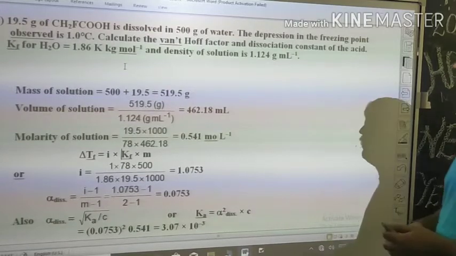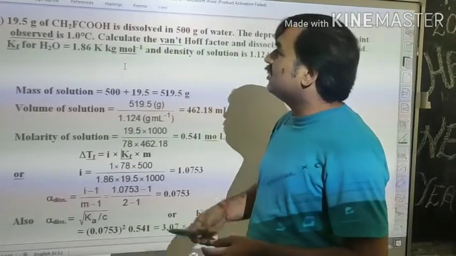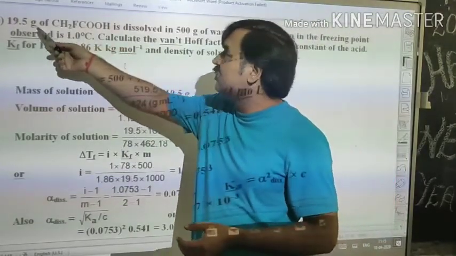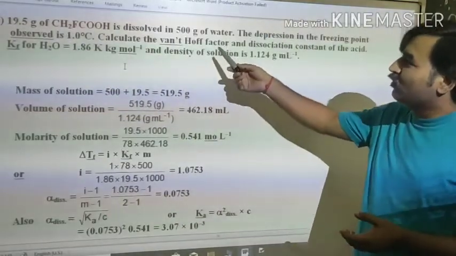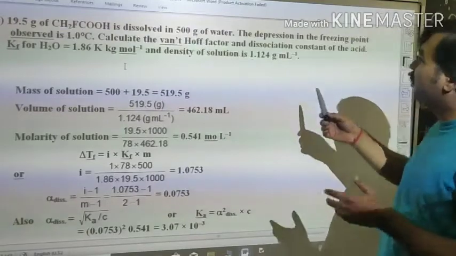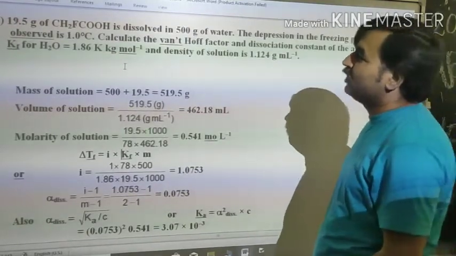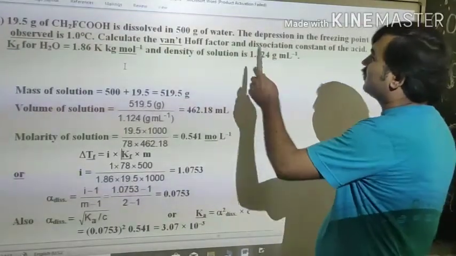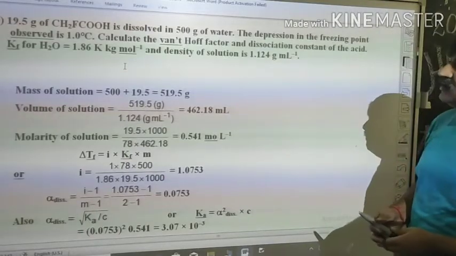So now see next question. In this question you are given an electrolyte which is 19.5 gram. Solvent is water, it is 500 gram, and you are also given depression in freezing point which is 1.0 degree Celsius. Now you have to find your van't Hoff factor and dissociation constant of the acid.